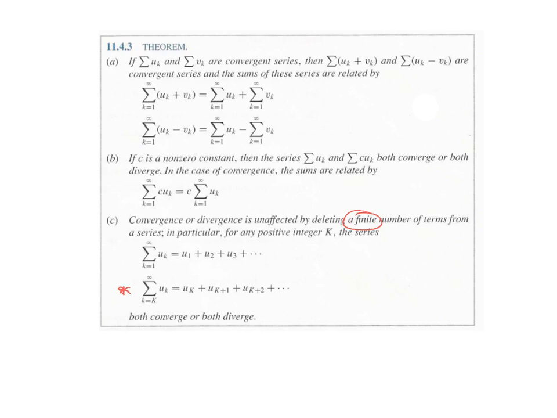That's the series that results from chopping off a finite number of terms from the beginning, in which case the secondary series and the first series both converge or both diverge. And that one would be useful if you don't have exactly the behavior that you need in the first K terms, the first capital K terms, then just knock them out.